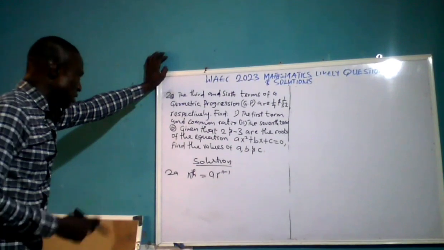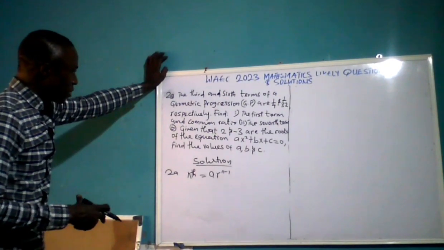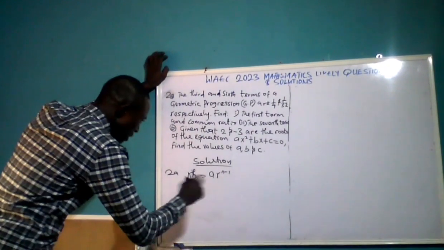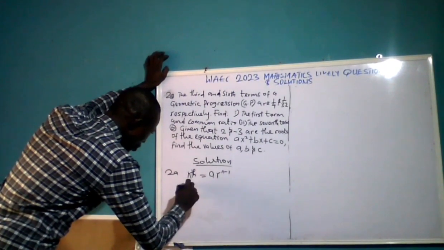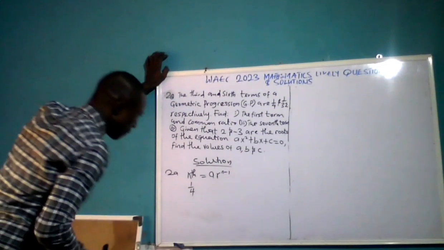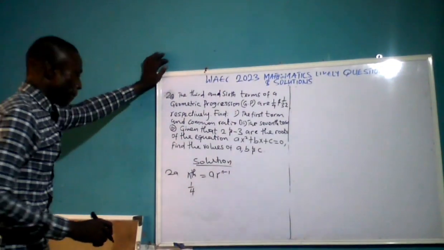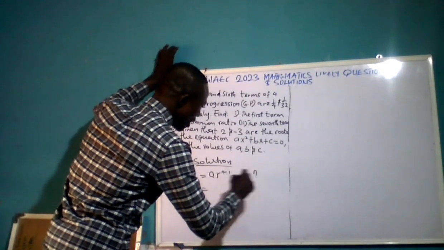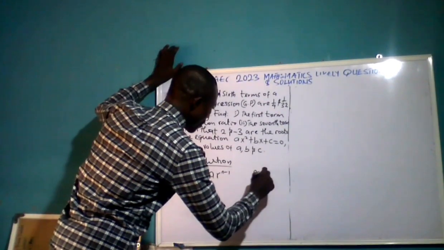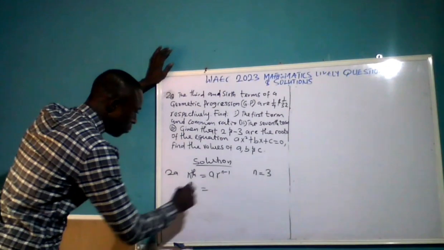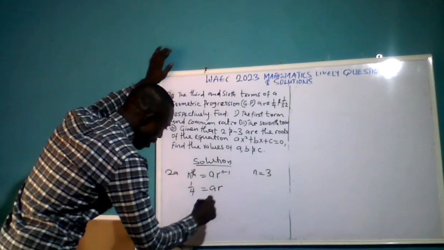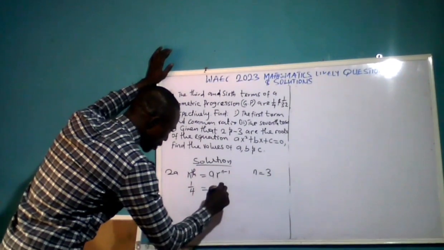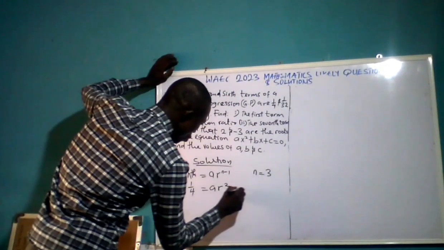Having done that, we are given the third term to be 1 all over 4. As for the third term, n is equal to 3. So 1 all over 4 equals a times r raised to power n minus 1, that is 3 minus 1, that will give you 2. Call this equation 1.